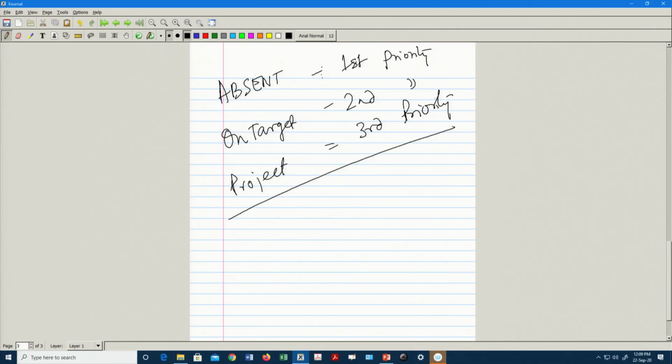Absent first priority, on target second priority, project third priority. Done. So, first, second, third.